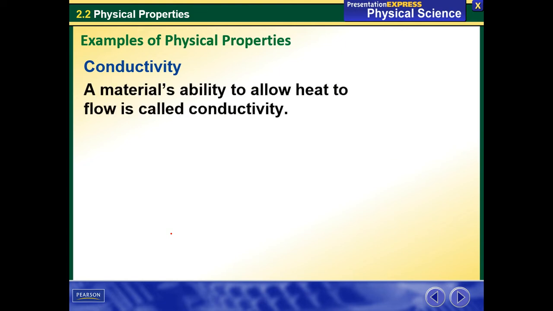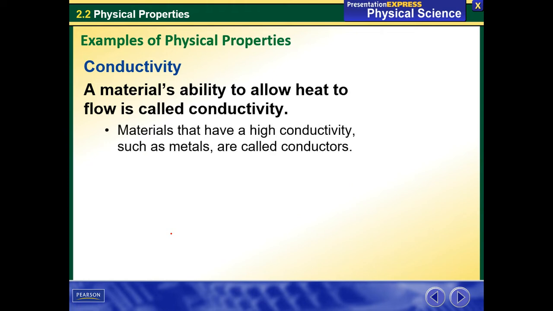The next one we're going to talk about is conductivity. This is defined as the material's ability to allow heat to flow. So things that are considered to be highly conductive are called conductors, and most of the time this has to do with metals. So metals are things like copper or iron or steel, even things like tin or aluminum.